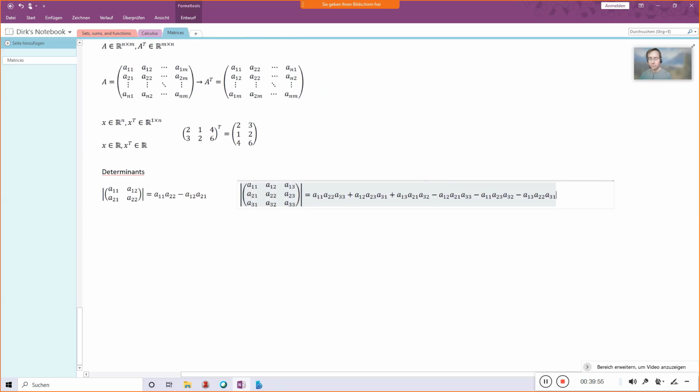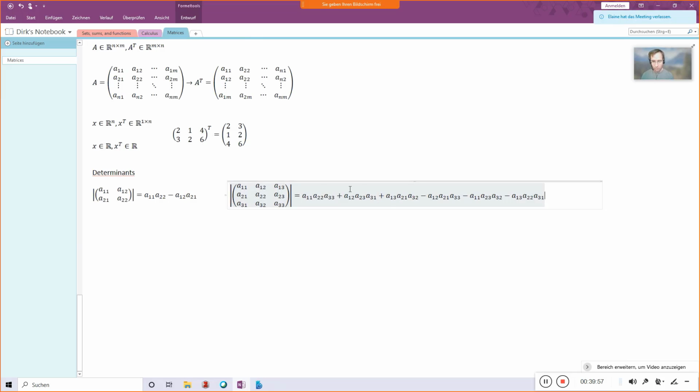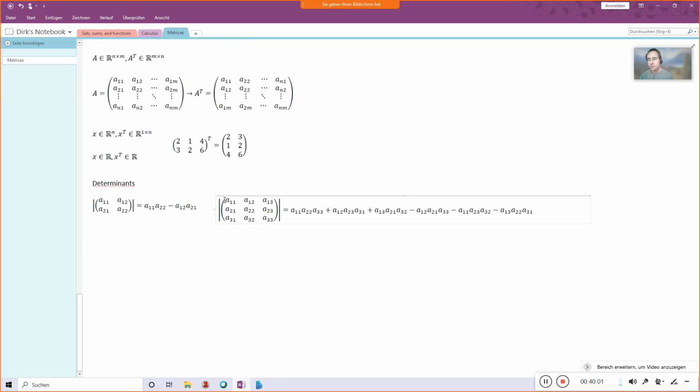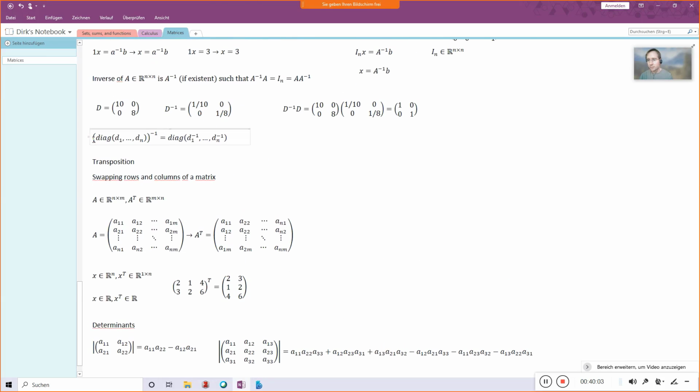So these are how you can compute determinants of 2 by 2 and 3 by 3 matrices. One last matrix type is also interesting, namely diagonal matrices.